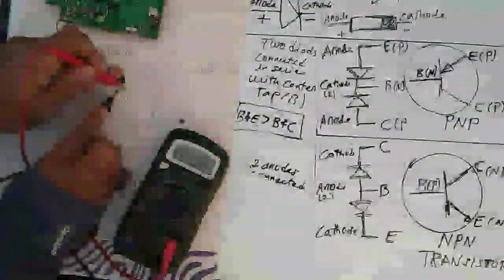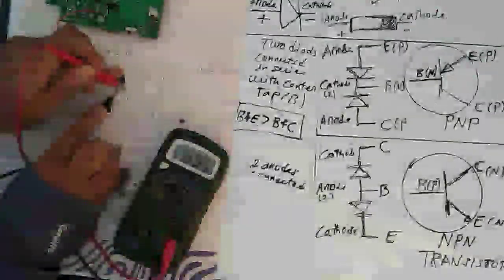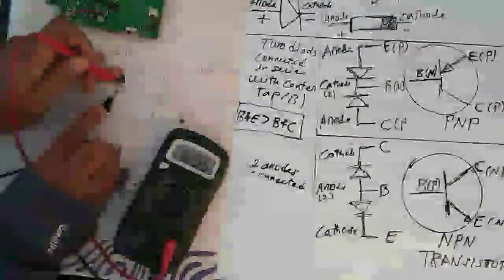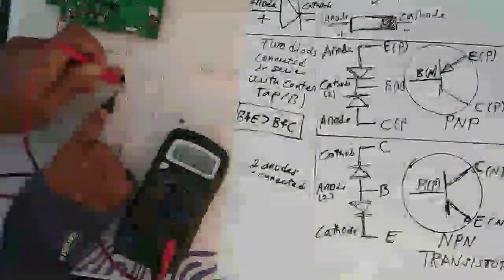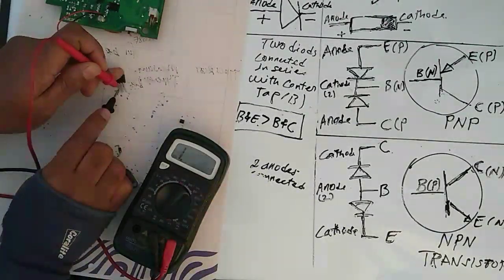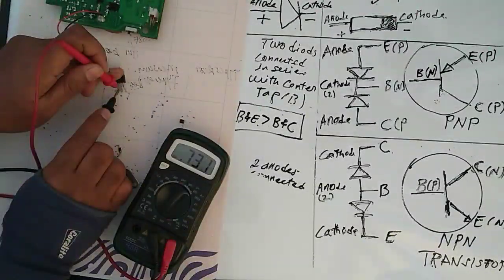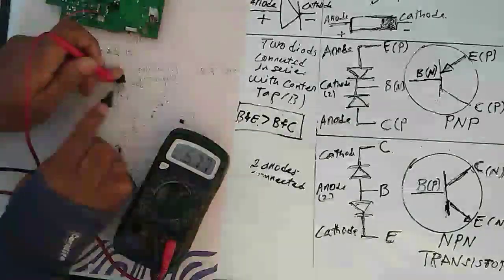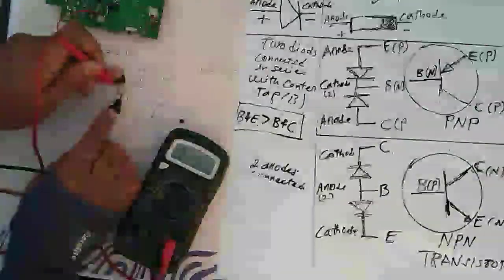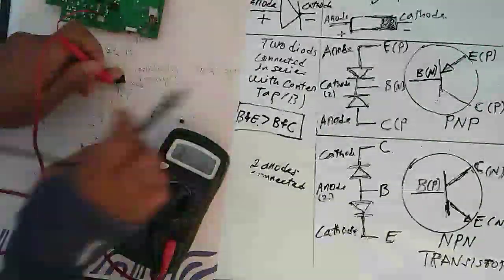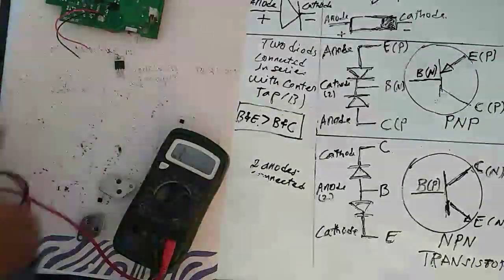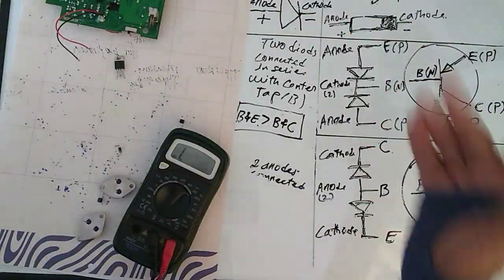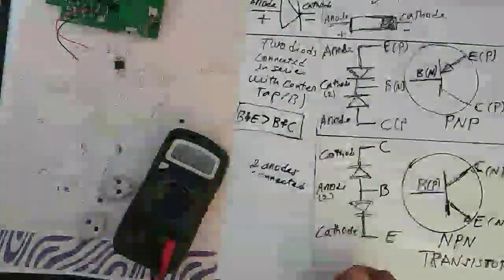But if I reverse it, with the negative probe at the base, which is N, this works. It gets a reading. If I reverse this, it doesn't work because the base is negative. This makes it easier to understand.